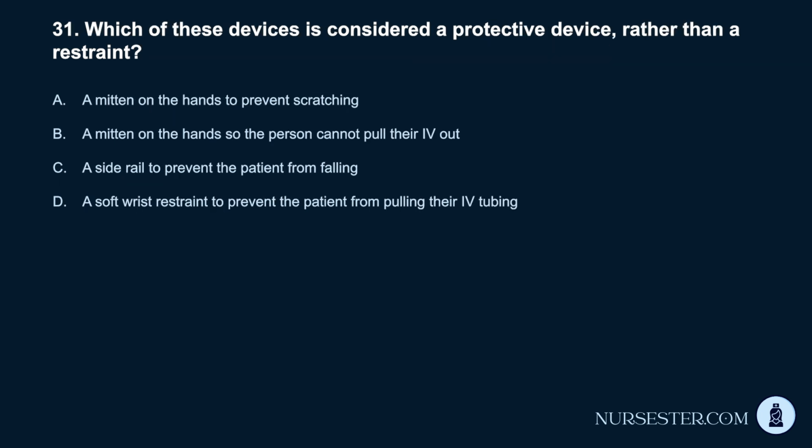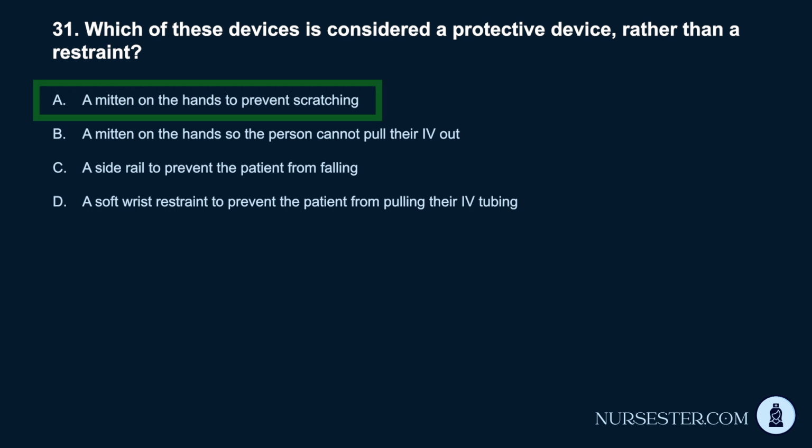31. Which of these devices is considered a protective device, rather than a restraint? A. A mitten on the hands to prevent scratching. B. A mitten on the hands so the person cannot pull their IV out. C. A side rail to prevent the patient from falling. D. A soft wrist restraint to prevent the patient from pulling their IV tubing.